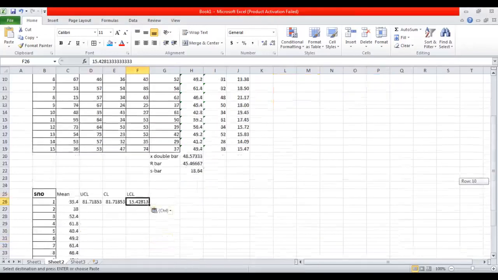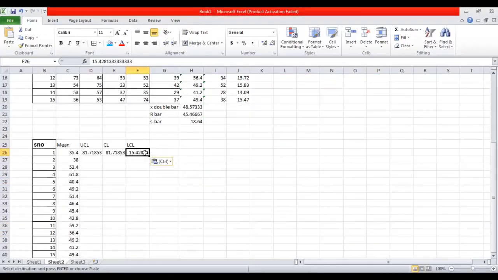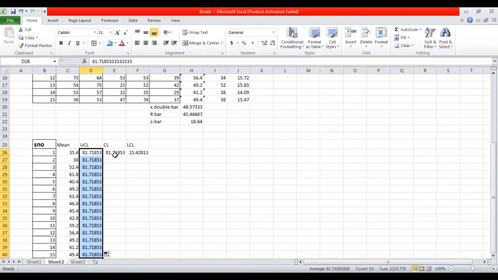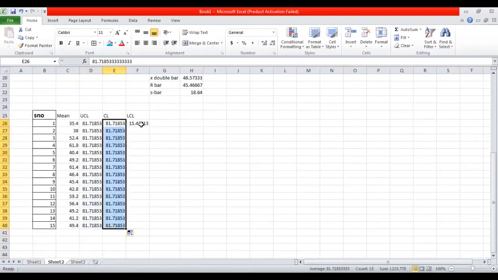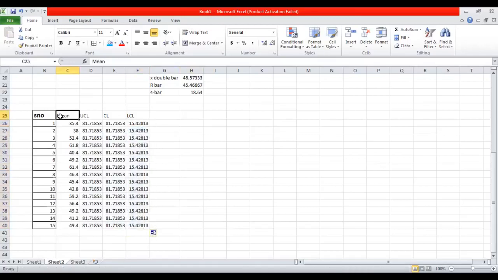Now for all the samples, we are going to draw a horizontal line. That means the UCL value, CL value, and LCL value are the same for all the samples. So that same value we are going to drag here. The CL value also we are going to drag for all 15 samples. The LCL value also we are going to drag for all the samples. In this way, we are going to create a table for our mean chart.